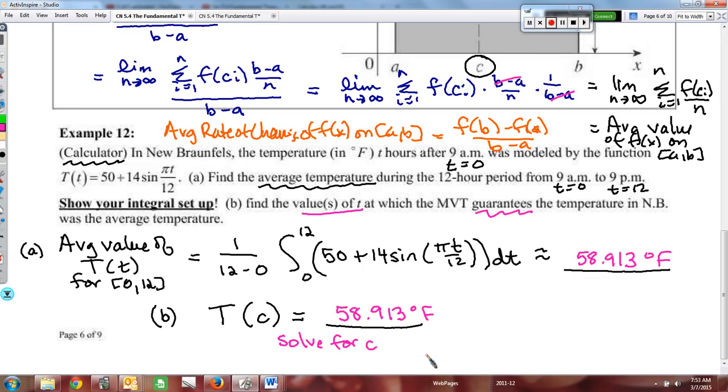In derivatives, we had to find the value for which the instantaneous rate of change was equal to the average rate of change. That's a different problem than finding the average value of the function and finding the time at which the function is equal to its average value. They're two different questions. One is going to use derivatives, one is going to use integrals. And so we want to pay attention to when we're doing that.